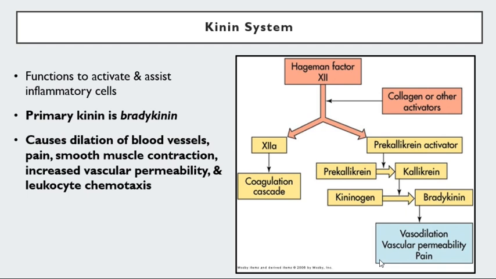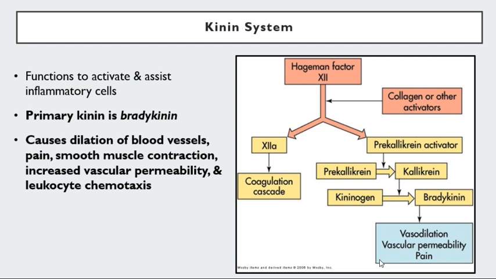The kinin system is really important for your inflammatory response as well. There's a kinin called bradykinin, and it causes dilation of the blood vessels. It's part of your pain response. It's one of the things that acts upon your neurons to make you feel pain.